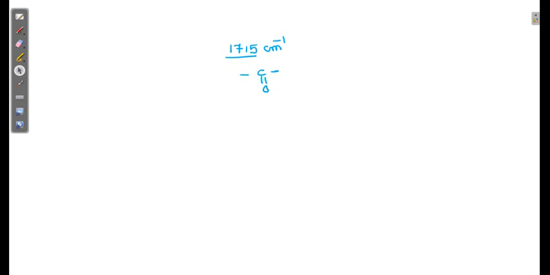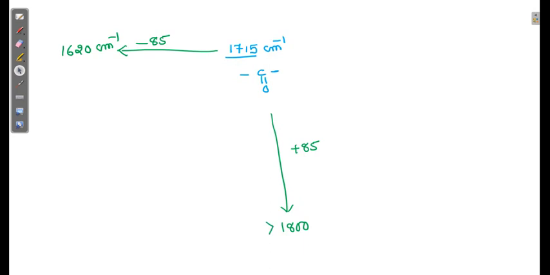So here we discuss it, and I told you to subtract 85 here, and here I told you to add 85. When I subtract 85, I get 1620 centimeter inverse. Always centimeter inverse is there. And here I get 1800 centimeter inverse or more than that.